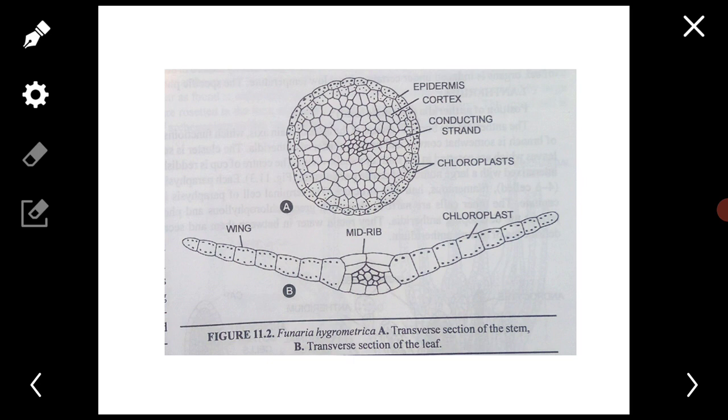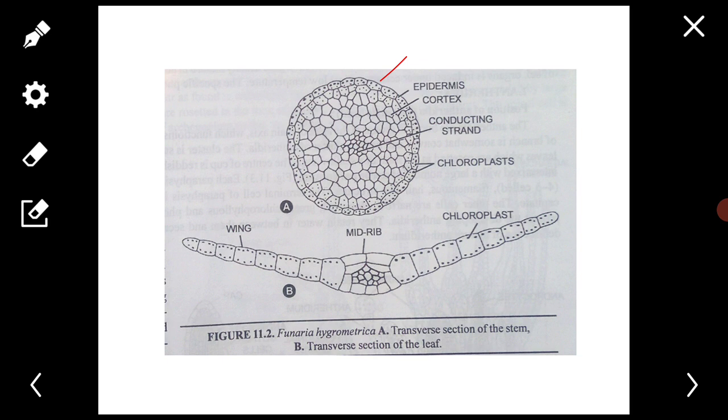First, we study the internal structure of the main axis or the stem. The axis has a simple internal organization of cells. The outermost layer is the epidermis, which is one cell thick and consists of tangentially elongated thick-walled cells.